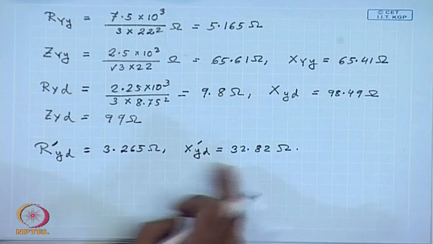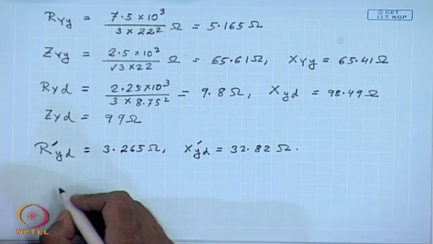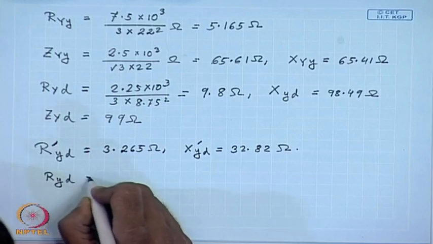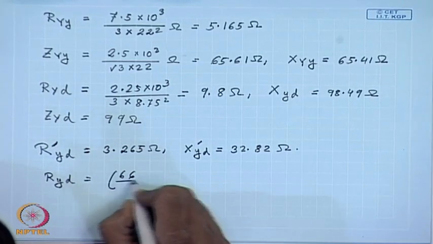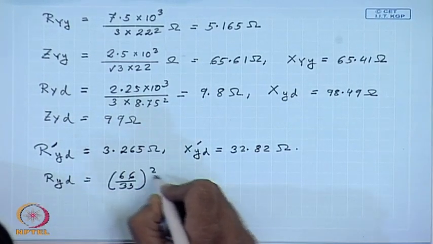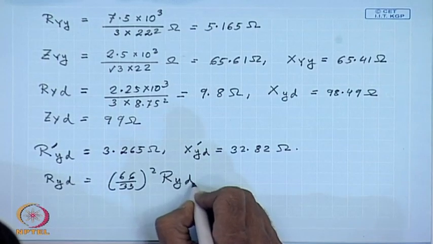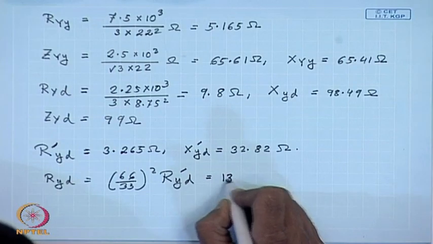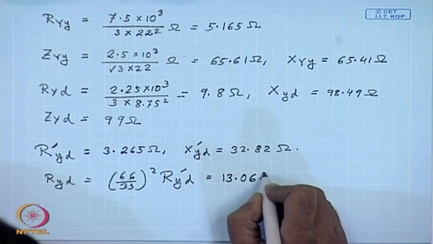Now, these are to be referred to the 66 kV winding, that is RYD equal to 66 by 33 whole square RYD dash. This gives me 13.06 ohm.